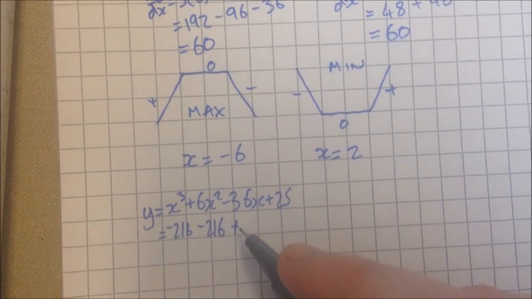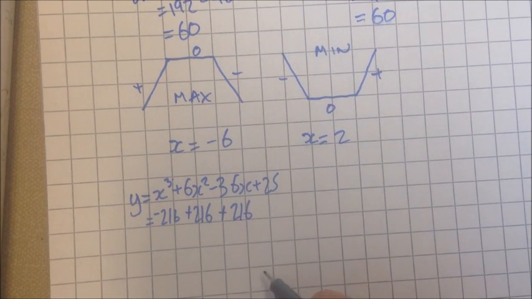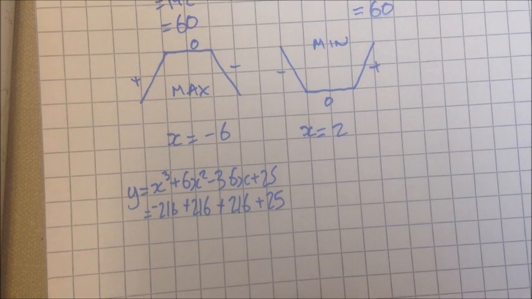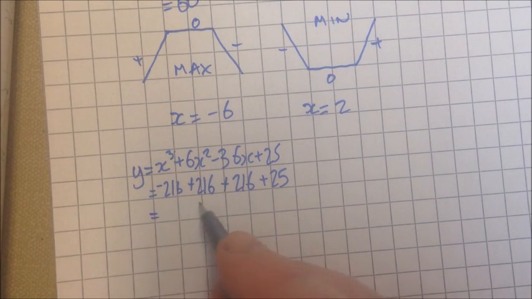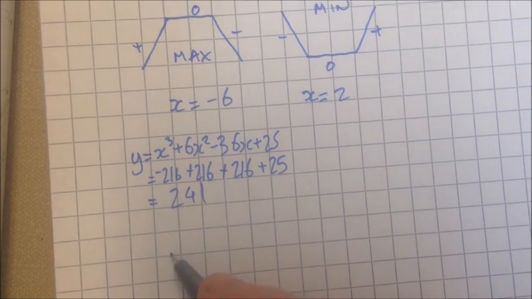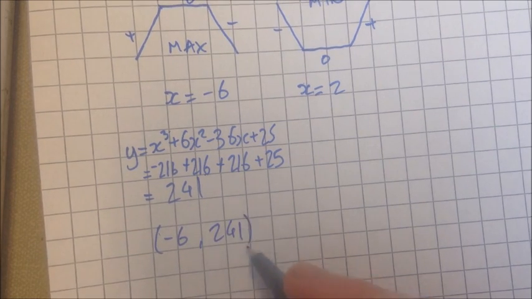This is positive 216, sorry, that was meant to be plus, and that's 25. So that would cancel to 0, so it's 216 plus 25, that's 241. So your answer is negative 6, 241 at that point.